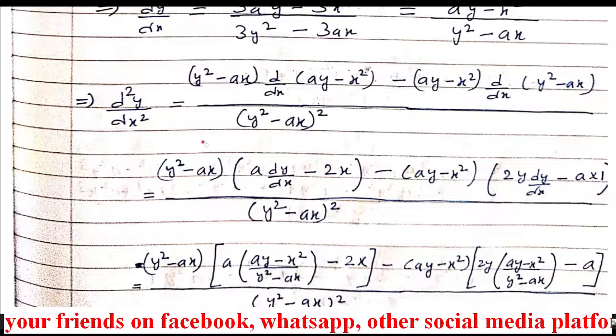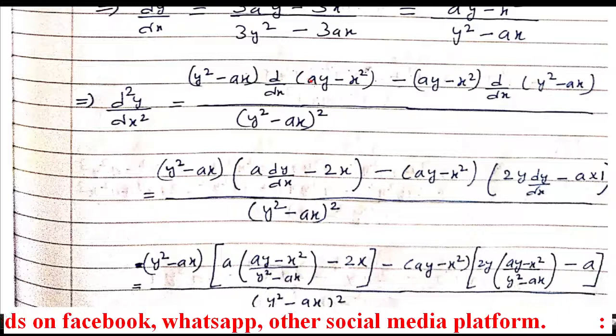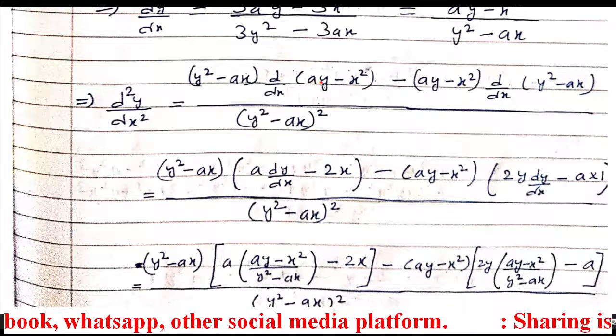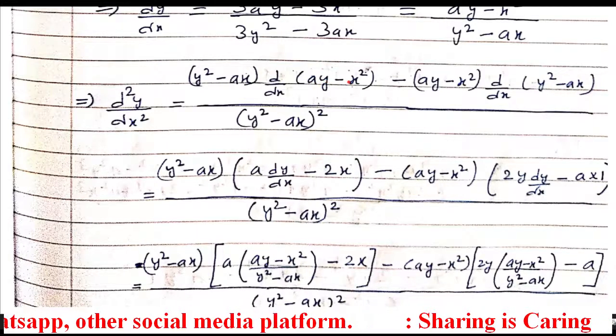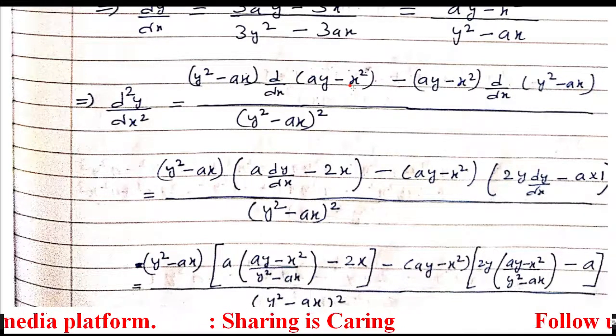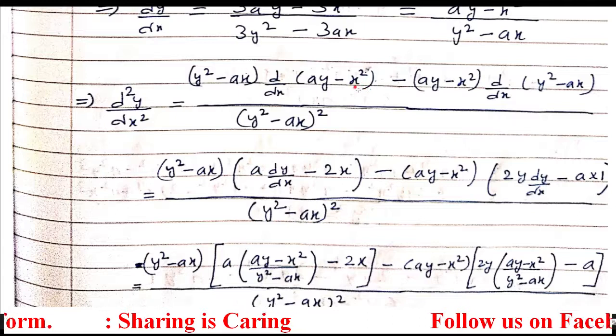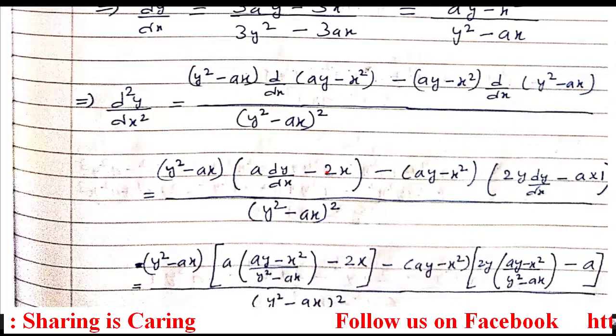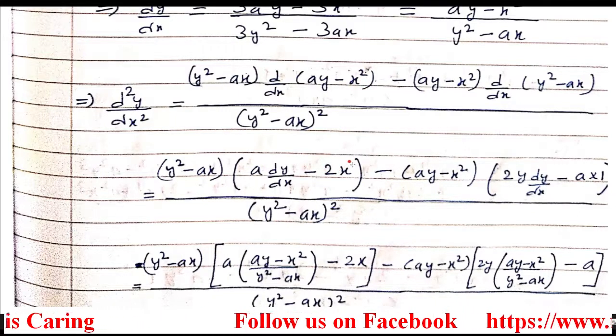So this bracket you just write as it is, and when you differentiate it with respect to x, a will behave as the coefficient and dy over dx, and when you differentiate x square, you have to use the x^n formula, that is n x^(n-1). So for x square differentiation, n is 2, then x^(n-1) is 2 minus 1, which is 1.